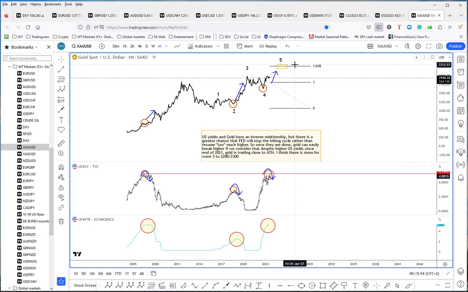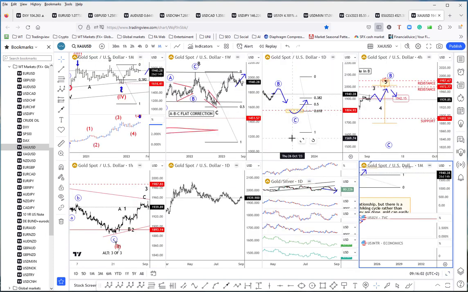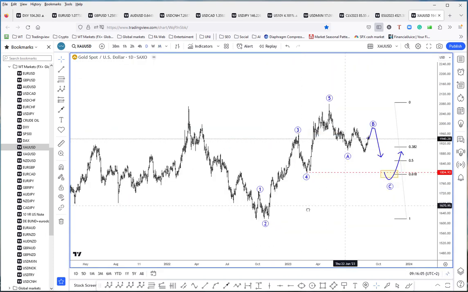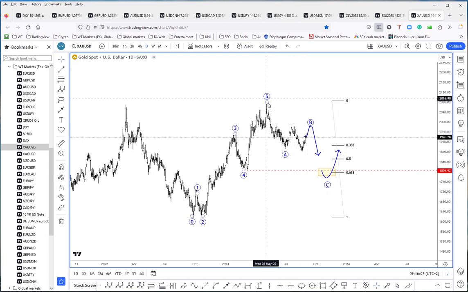Okay, so I'm expecting that we will see further gains here when looking at the big cycles here for the wave 5 on gold. But on the short term, I'm not really convinced that we completed the corrective drop here down from May. Yes, it was a very nice 5-wave cycle, but now this 5-wave cycle should be then reversed by 3 waves.